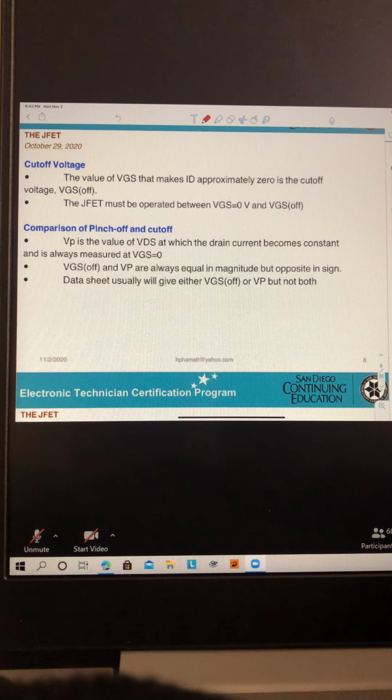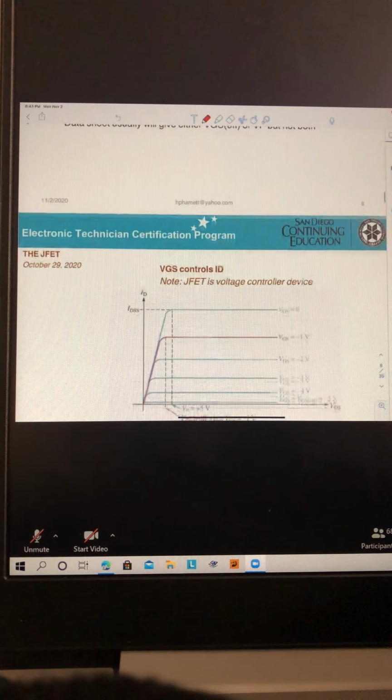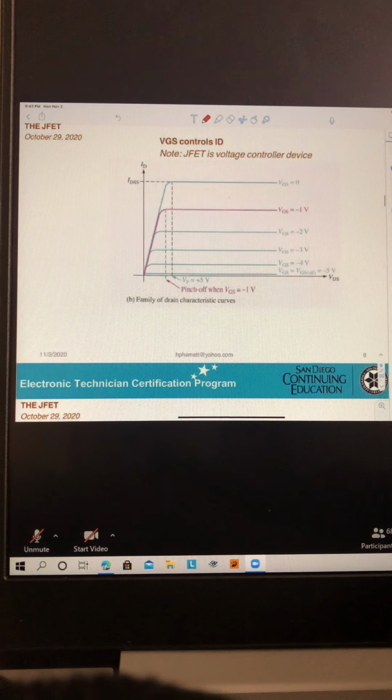If you know VP, you know VGS off, or if you know VGS off, then you know VP. Normally, the data sheet gives you IDSS and VGS off or VP.